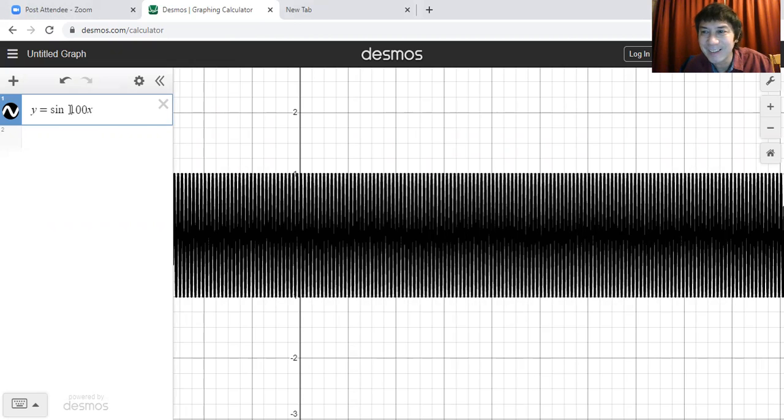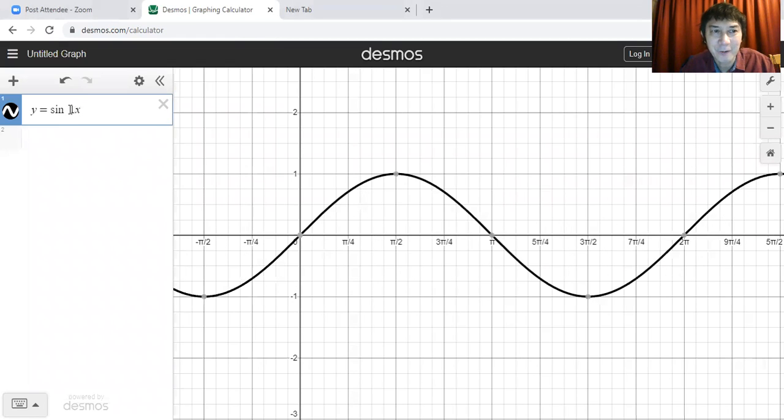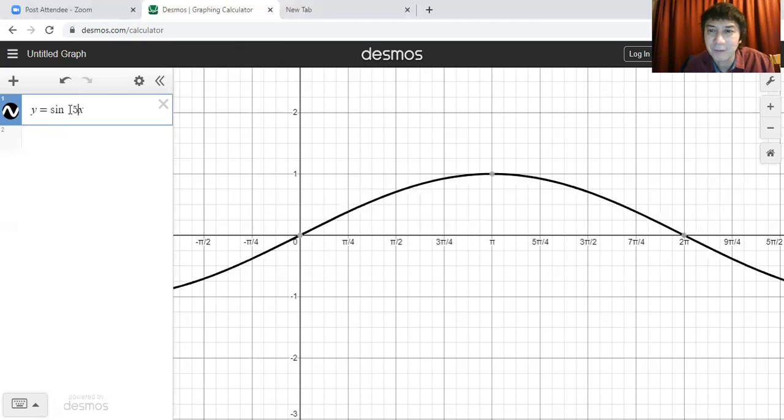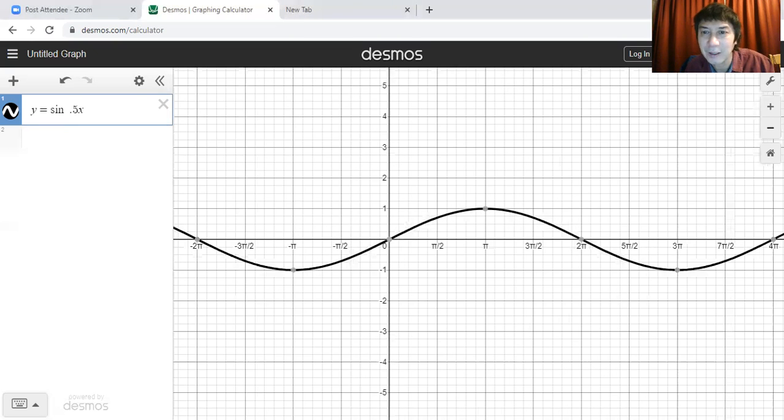If you put something small, say 0.5, you will have a very low frequency. You can actually see this if we zoom out. This is 0.5 as the coefficient of x.